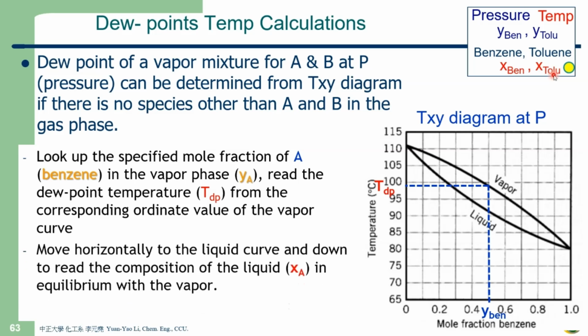How do you get it? Go horizontally and then drop down, and this is the molar fraction. Let's say about 0.27 for benzene, and the other component will be about 0.73.